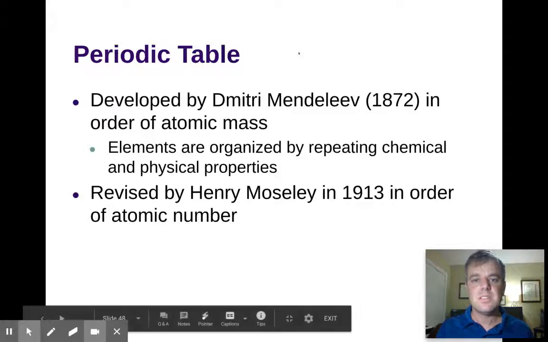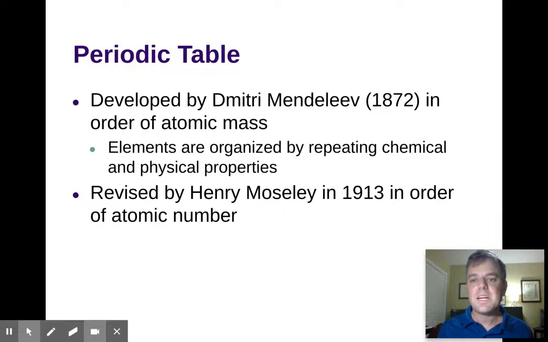You don't really need to know these people's names. You should have learned this before. But the periodic table is now in order of atomic number. If you look at, for instance, argon and potassium on your periodic table, you notice that argon has a higher average atomic mass, but it's got one less proton, so it comes first.